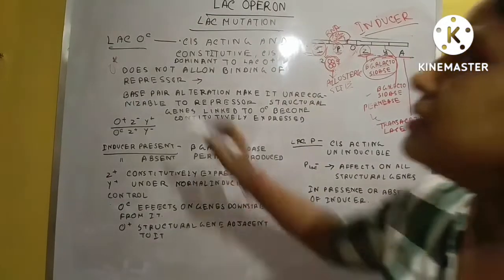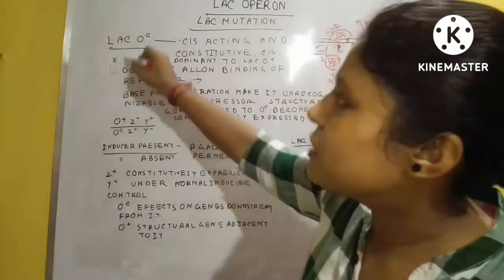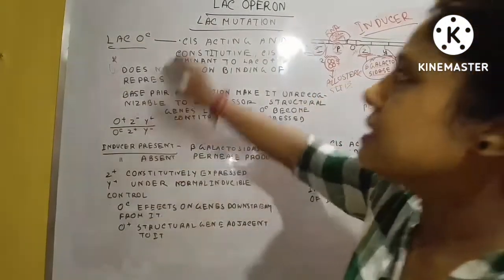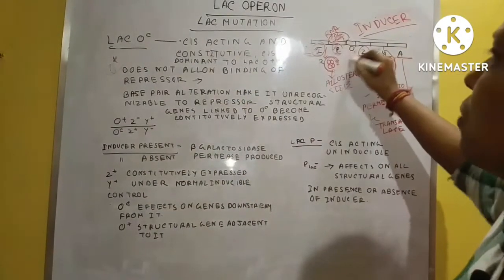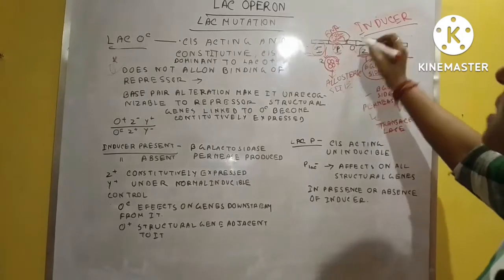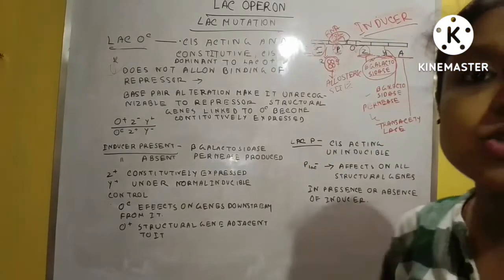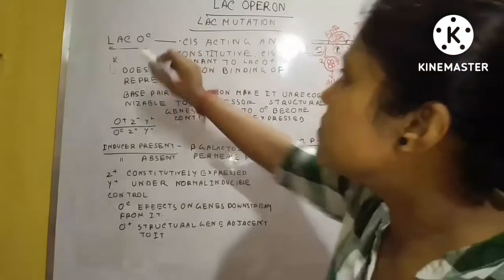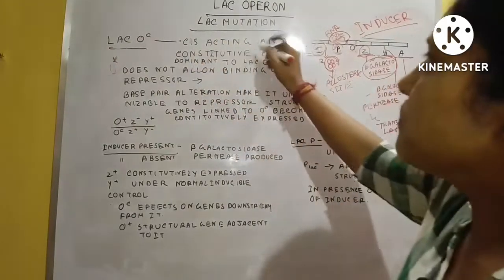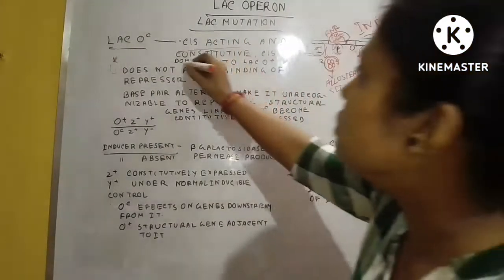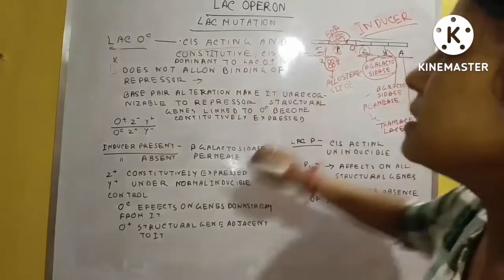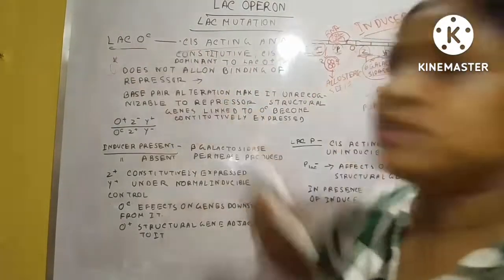So what happens in the replacement, if instead of O plus, OC is there? That means the operator is not O plus, the wild type, but becomes OC. Then what situation arises? OC is generally cis-acting, and obviously dominant to O plus. It is a very dominant gene.